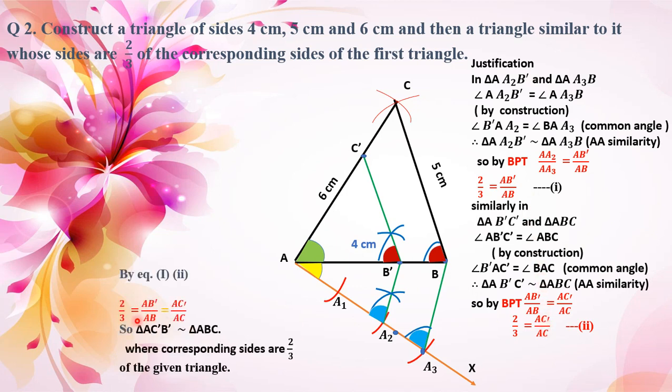That means the triangles are similar and the corresponding sides are 2 by 3 of the given triangle. That means the constructed new triangle AB dash C dash has sides 2 by 3 of the given triangle ABC.